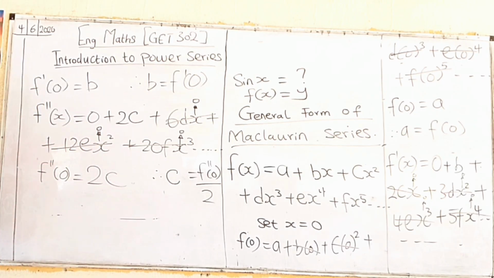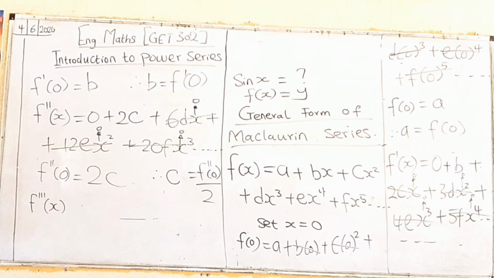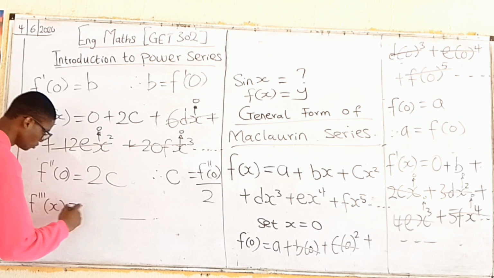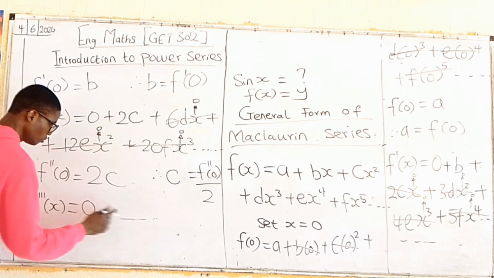So now we're looking for d. For us to get d, we will need f prime of x. So what will that be? I want us to do it together, please. This is basic differentiation, general differentiation, so it shouldn't be giving us problems. If you differentiate this, what will you have? Okay, you have 0 here, I agree.